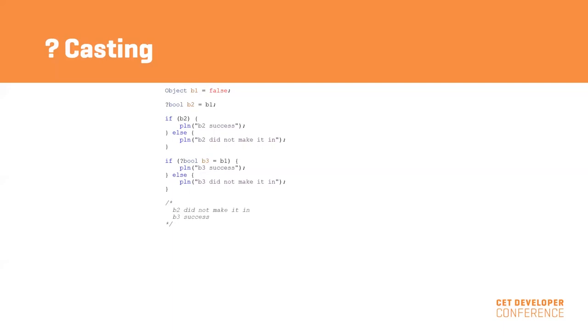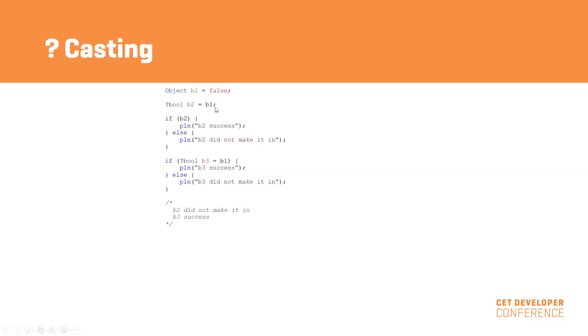So something to note is that it does behave differently inside and outside of an if statement. If I use it outside of an if statement, it will cast to the default value of whatever I'm trying to create, so B2.